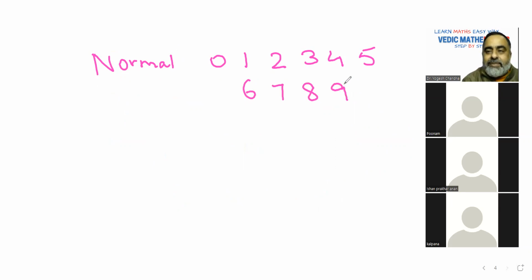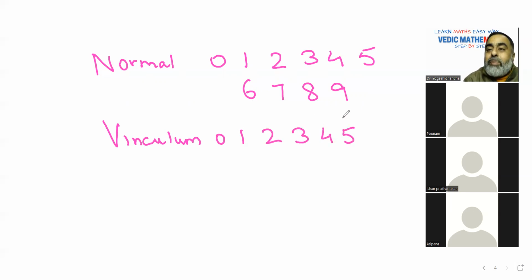These are the digits. In vinculum, our target is that we'll have only 0, 1, 2, 3, 4, and 5. We don't want bigger numbers. Why? Because they increase the calculation.